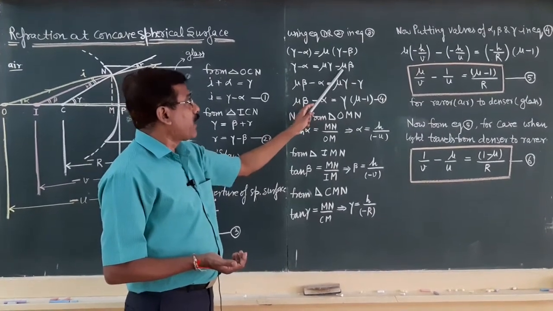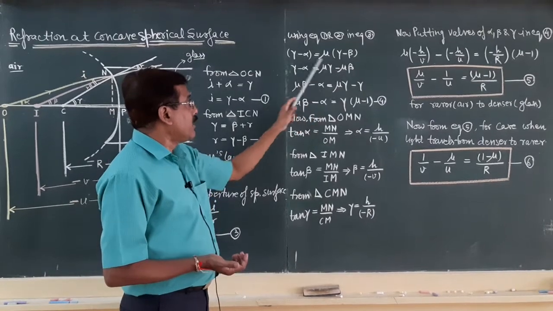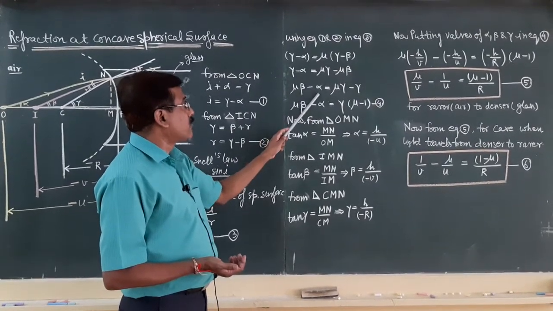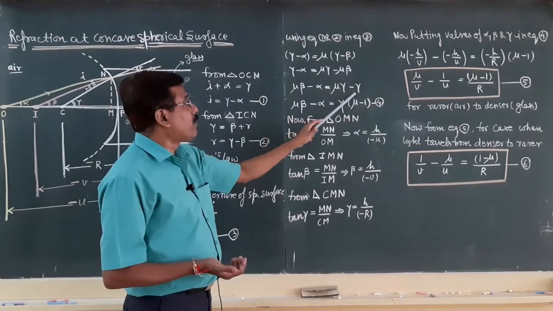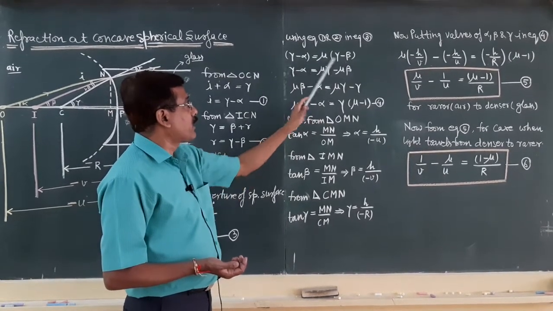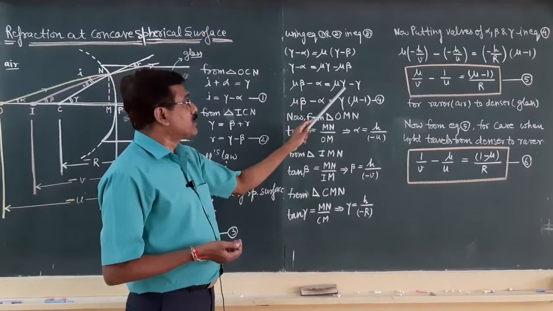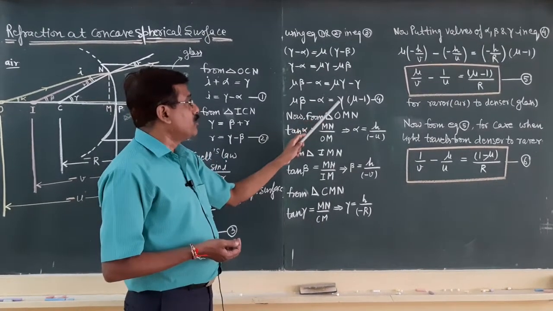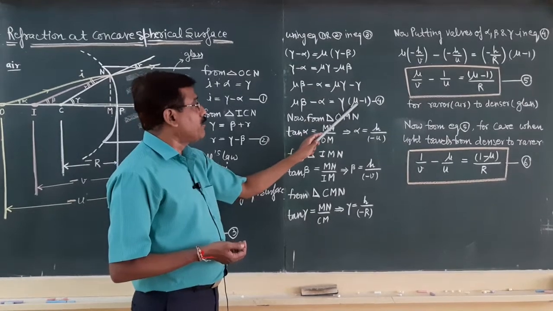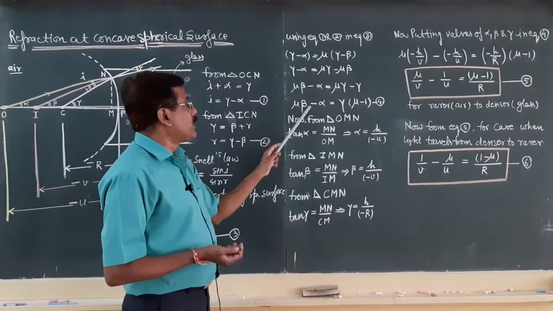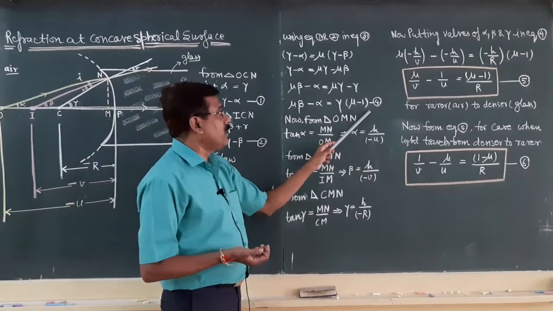Now, this minus mu beta we have to take in the left side. So, mu beta minus alpha is equal to mu gamma minus gamma because this gamma is now in the right side. In the right side gamma is common in these two. So, we have gamma in bracket mu minus 1. In the left side already we have mu beta minus alpha. This is equation number 4.